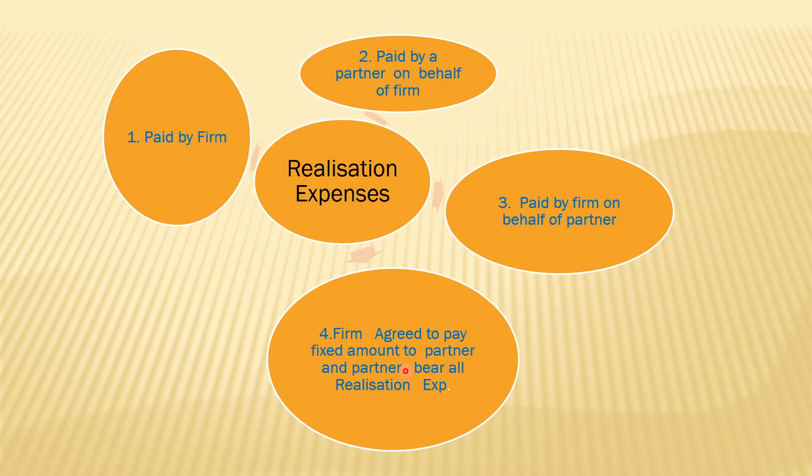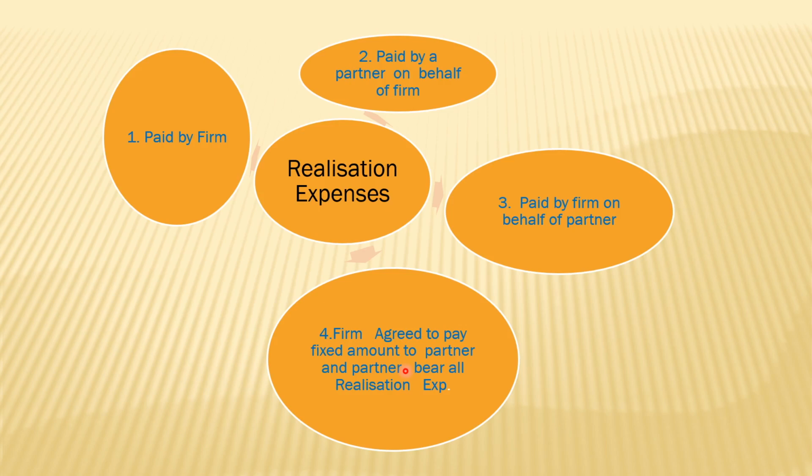There is an agreement between the partnership firm and Z that Z will bear all realization expenses, and the partnership firm will pay some amount to Z as his remuneration. Say the remuneration agreed is 10,000, but practically Z paid 12,000 realization expenses. In that case, we will consider the remuneration part only.